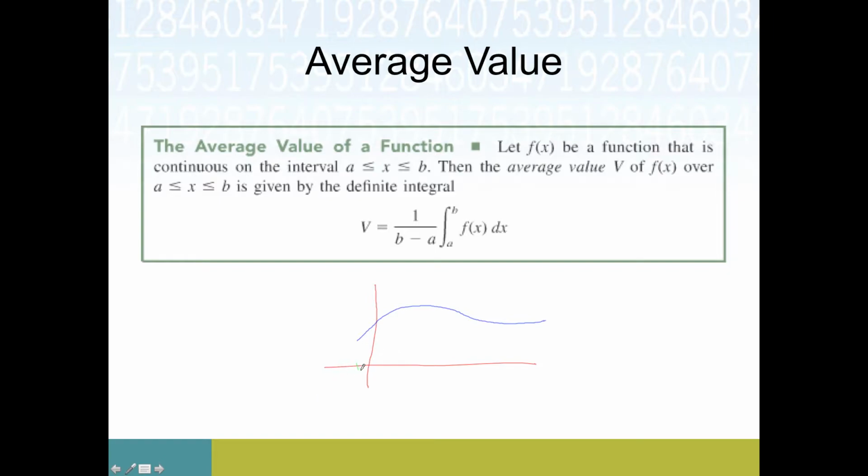So the values, we have to pick some kind of interval to look over. But the idea with average value is basically, sure, my kids have kind of sloshed this aquarium and the water is not level right now, but eventually if we leave it alone and the water settles down, it's going to come to a constant height somewhere, I'm going to guess like that-ish. So this height really is the V that we're looking for, this average value.